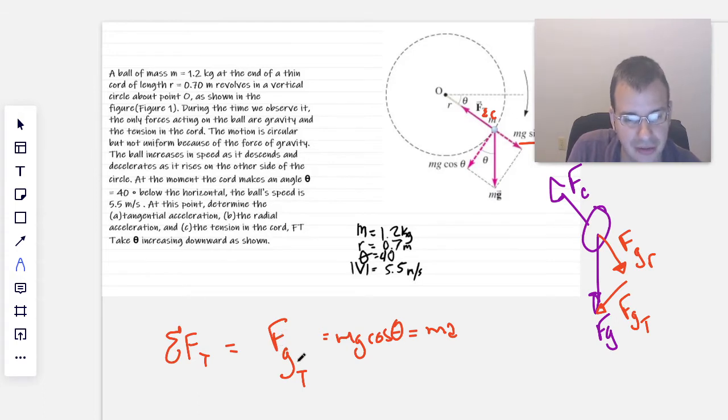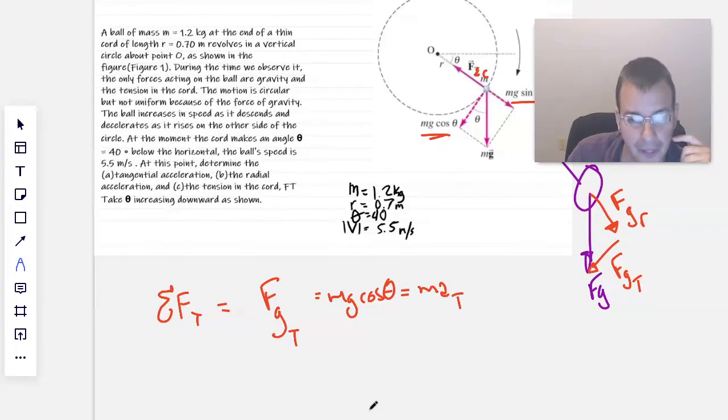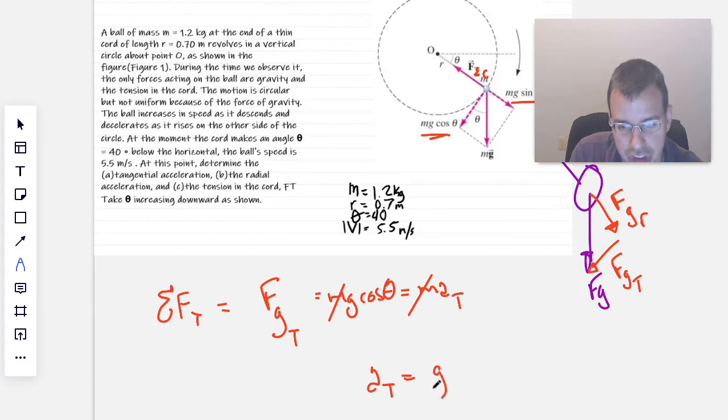So that's going to be force gravity tangential, which is mg cosine theta, which we're given there, or we can derive on our own, which is equal to mass times acceleration. And I'm going to put a little T here so we know it's acceleration tangential. Therefore, acceleration tangential is going to be equal to, the m's cancel, g cosine theta.